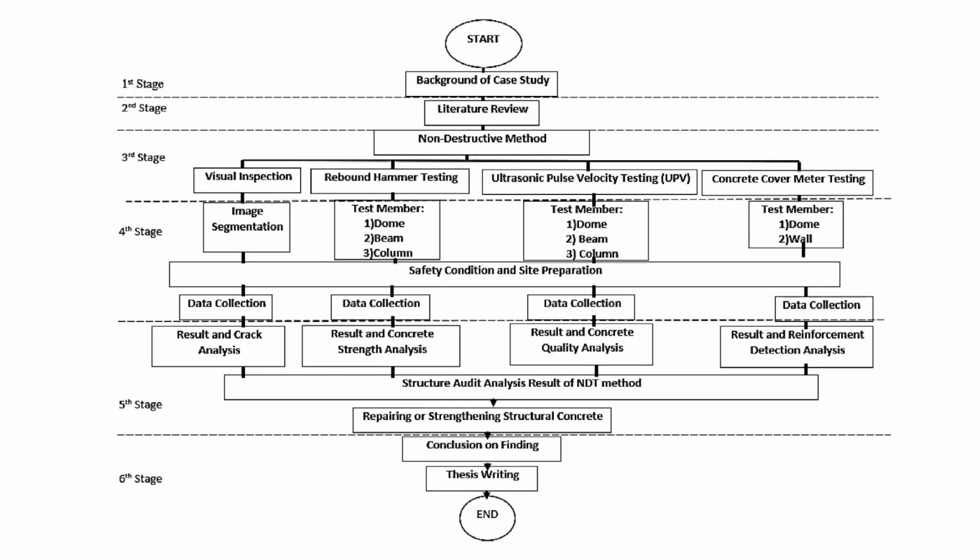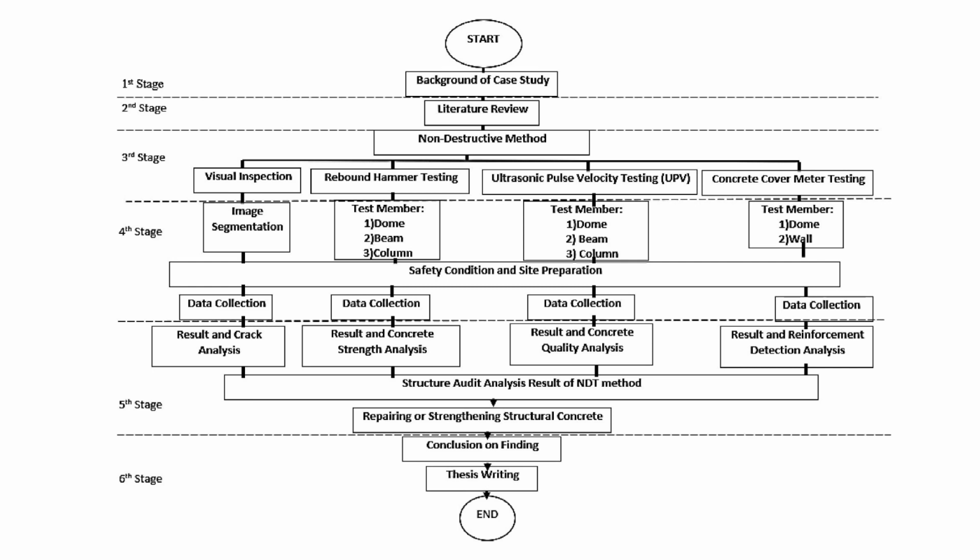We have six stages. The first stage is the background of the study. The second stage is the literature review. The third stage is the NDT methods, which consist of visual inspection, rebound hammer, UPV, and cover meter.